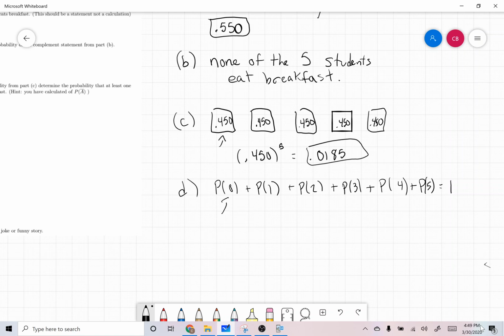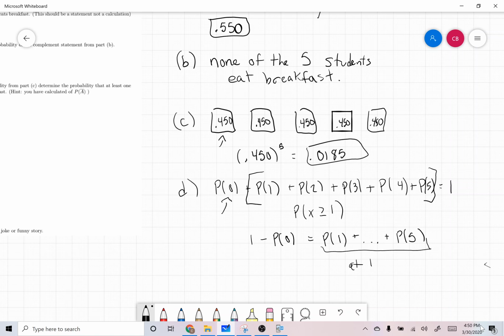We know this value. We know that this portion represents P of X greater than or equal to 1. So if we do 1 minus P of 0, none of them eating breakfast, we get P of 1 all the way to P of 5. Which is obviously the at least one eats breakfast.